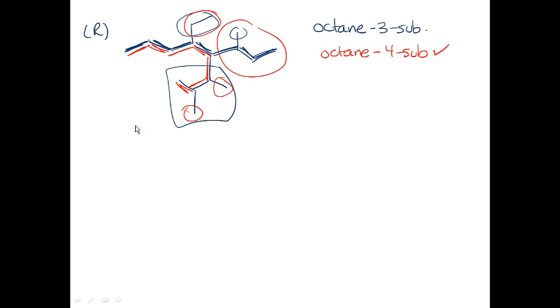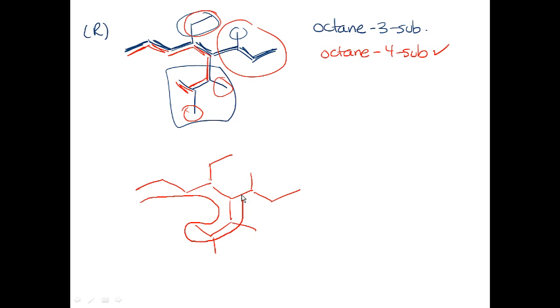Okay, so let's rewrite that. Okay, and my red chain would go like this. All right, there's my 4 substituents.